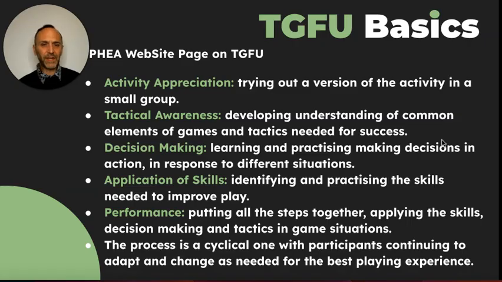So the activity appreciation, again, these are modified games. So it's trying out a game before we teach anything. No skills at first. We just want them to see what we're doing. The tactical awareness, this is how the game works. It's like learning a board game. You have to understand where the pieces move. Decision making, what do I need to make? What do I need to be aware of? What do I need to see?